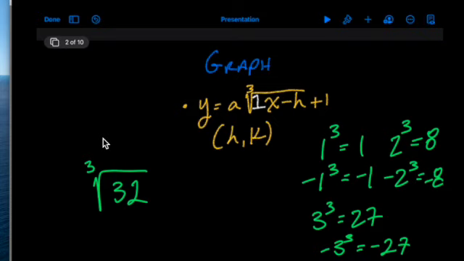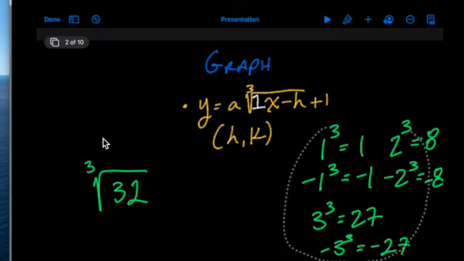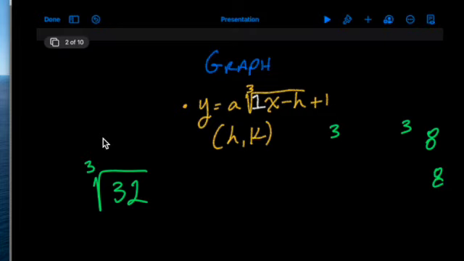Folks, if you were going to try to determine the algebraic simplification of the cube root of 32, what I would recommend is that you look for a perfect cube within the 32. So in this case, there is a perfect cube because 32 can be written as 8 times 4.